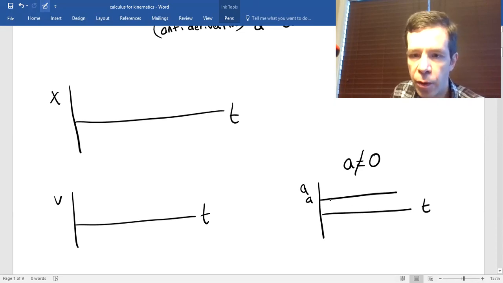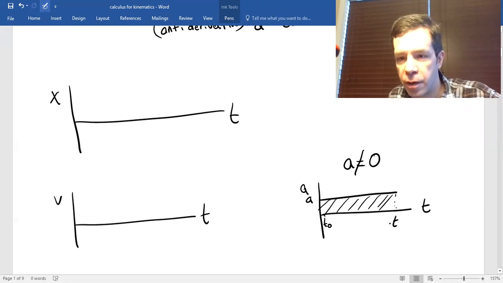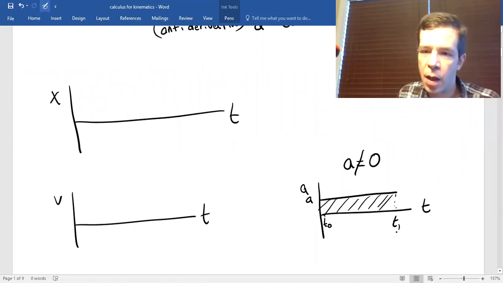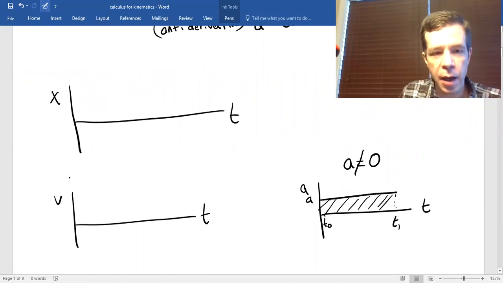Now if we were to integrate this over some time t, from say t0 to t1, we would get some area, and that would be the change in velocity. So this time I'm not going to assume that my initial velocity is 0.